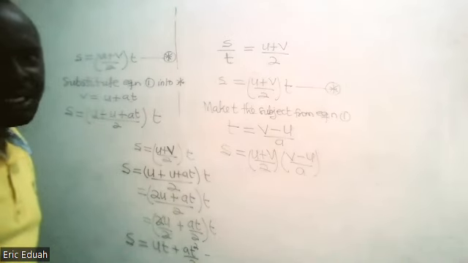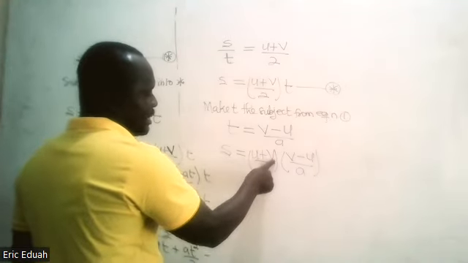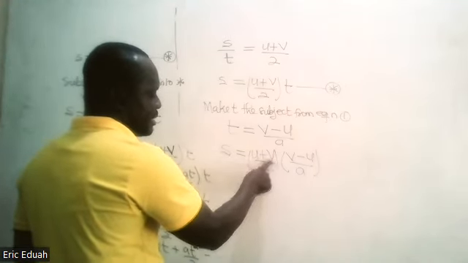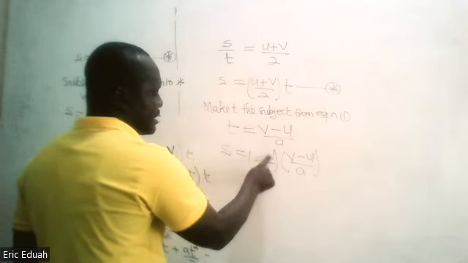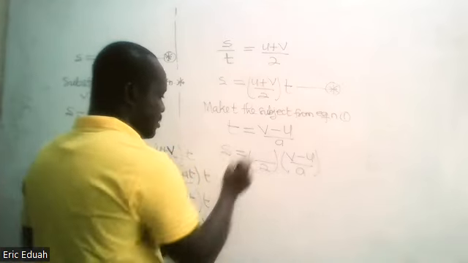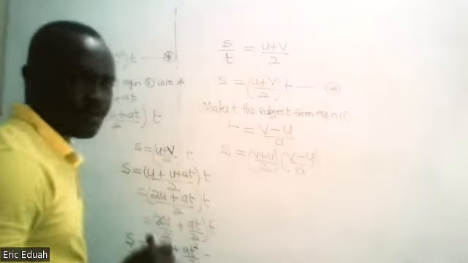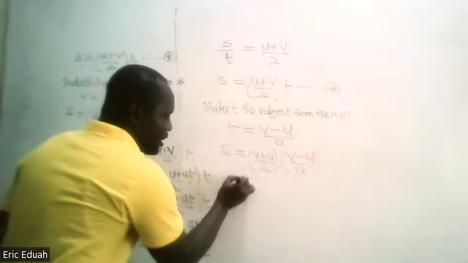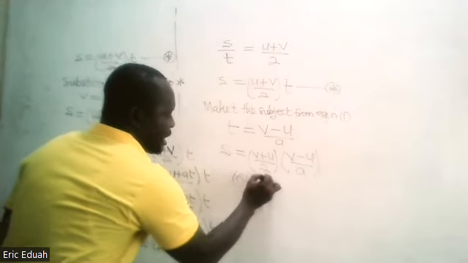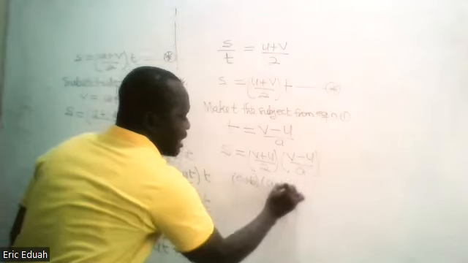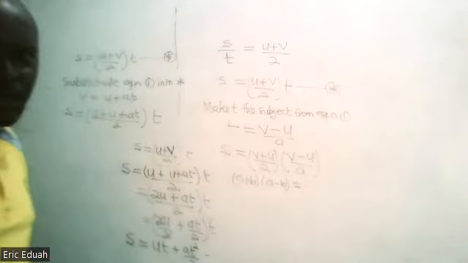Because addition is commutative, instead of U plus V, I can write it as V plus U. Now, if you have A plus B times A minus B, how would you express this differently?